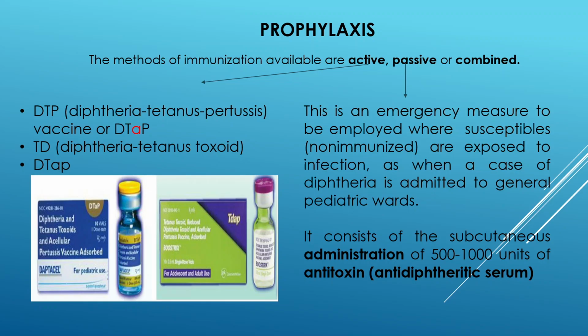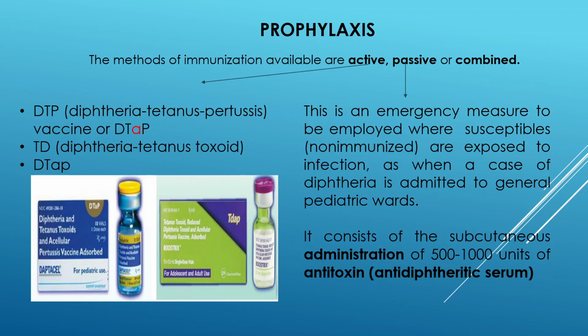We also use the Td vaccine, diphtheria and tetanus toxoid. Diphtheria, I repeat, is a toxinemic disease, and for prevention and treatment of your patient we will use toxoid. Toxoid has an anti-toxin effect upon the toxin of the bacteria.